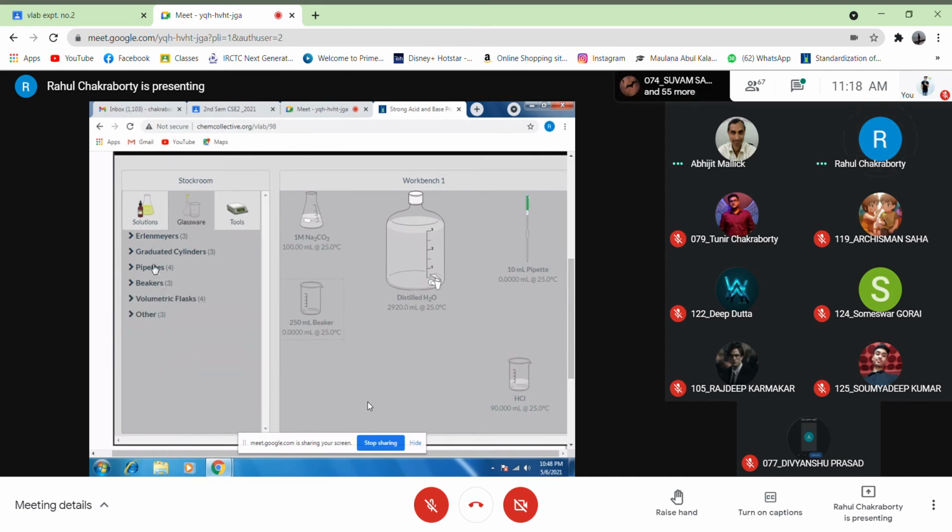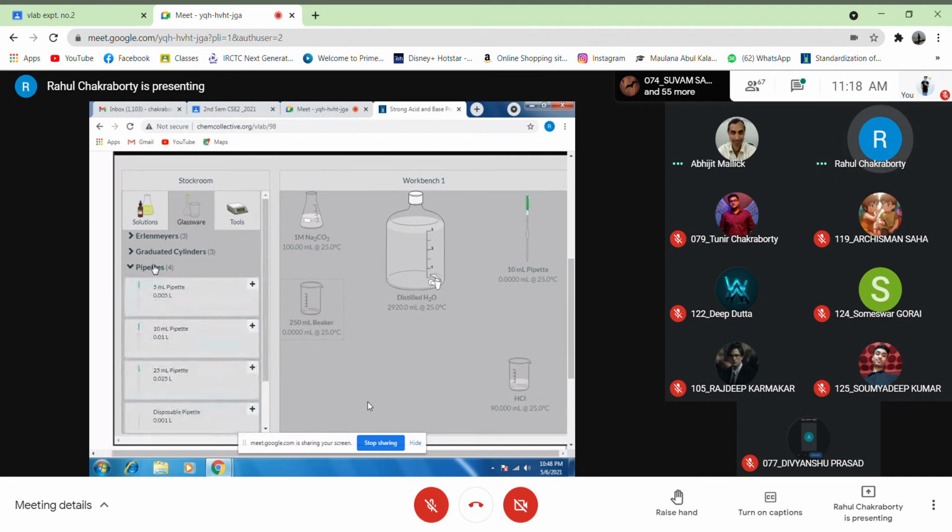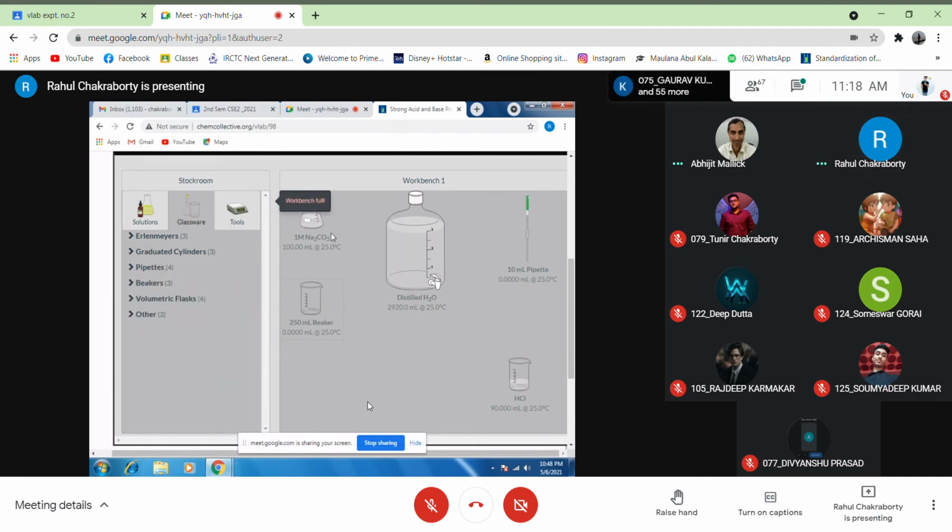Then click on pipettes and choose a 5 ml pipette.